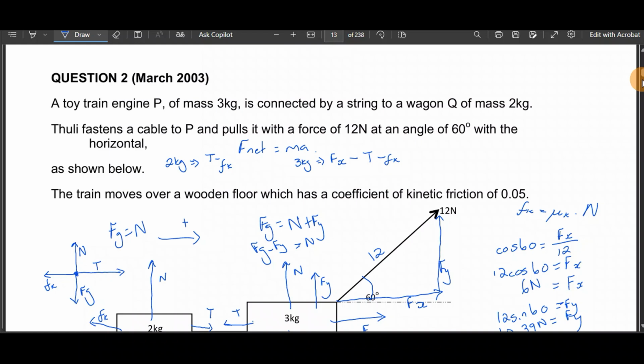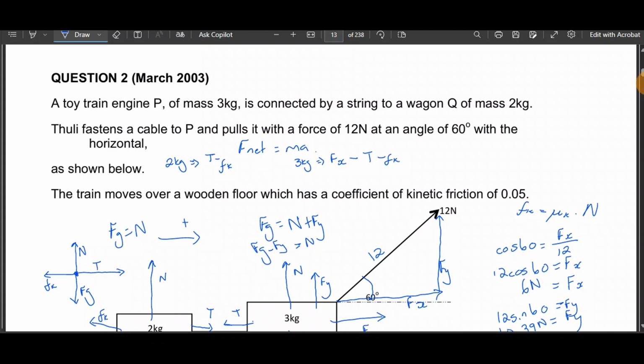So the one thing we need to find here is our kinetic friction, because we are given the coefficient, right? So we need to find our normal forces, meaning we need to find the Fg of each of those blocks.